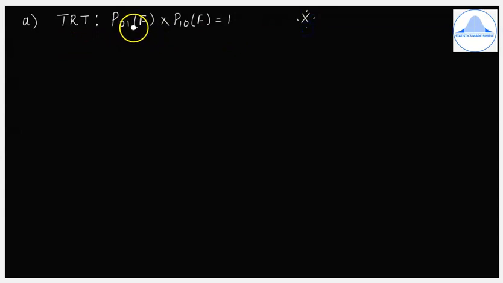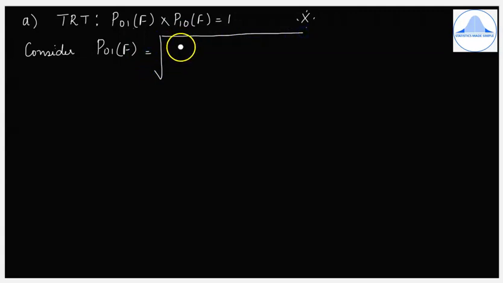Now let us write the formula for P01 of F. Remember that P01 of F, or Fisher's price index number, is the geometric mean of Laspeyres and Paasche's price index numbers. So consider P01 of F, which is equal to root of.